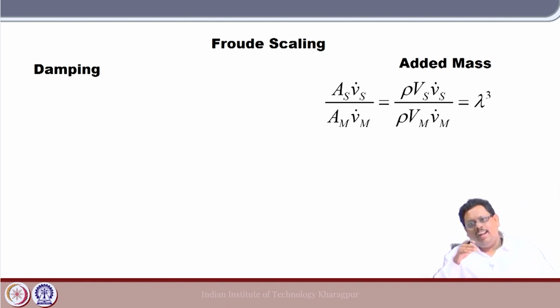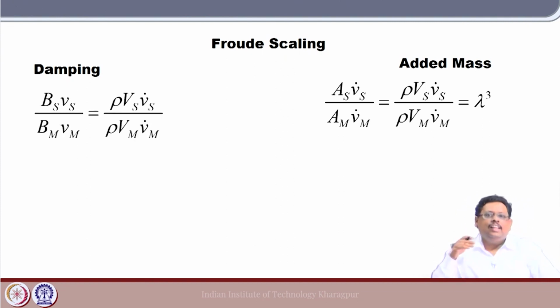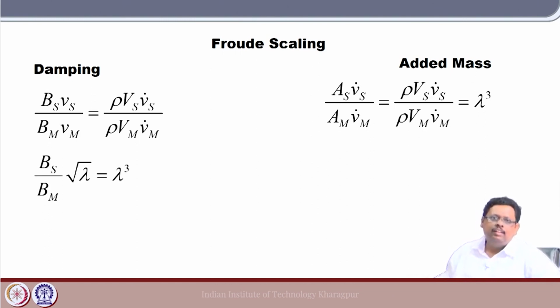Now, let us see how we can scale the damping. Okay. On the right hand side of course it is lambda cube because it is force, and on the left hand side it is the damping coefficient multiplied by the velocity, which represents a force. Now, if you do the scaling analysis again, Vs by Vm is definitely root lambda, that we have found out, right, the ratio of velocity is root lambda.